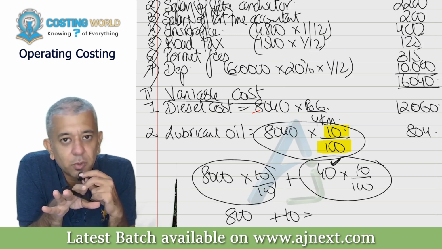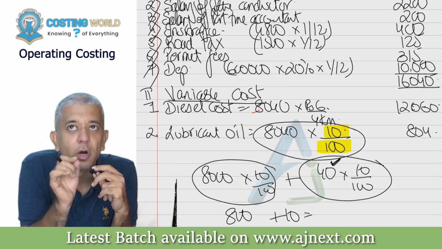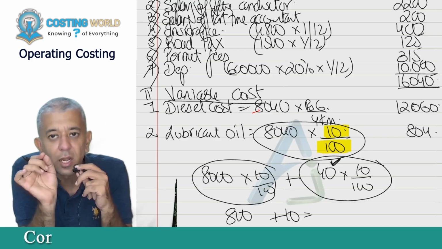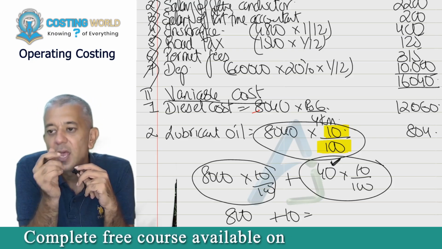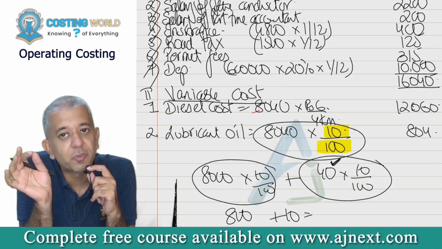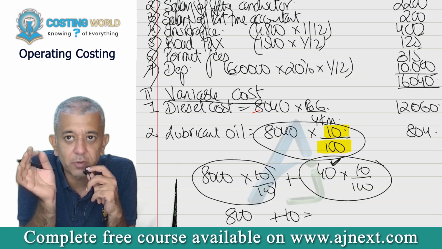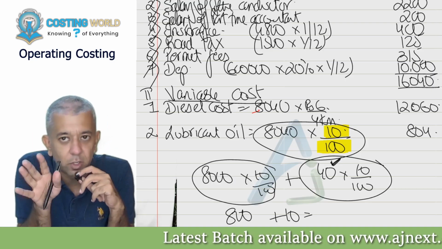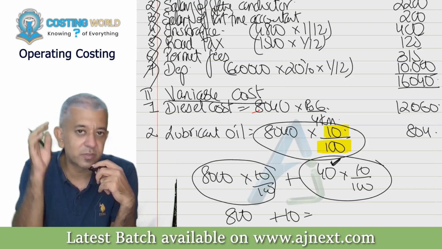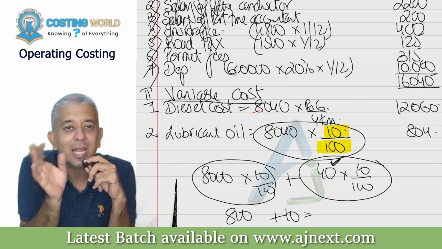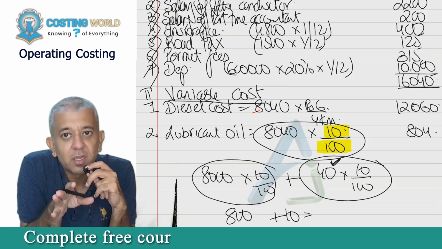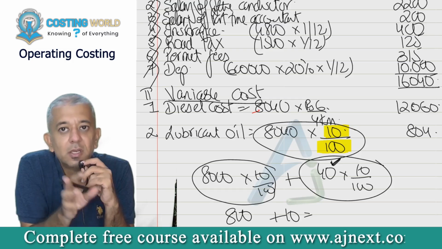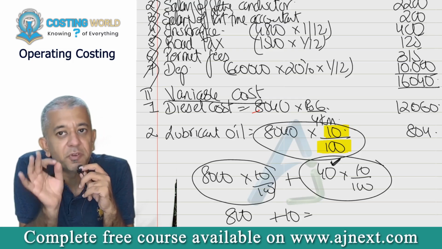If I ever tell you that the rate of diesel is rupees 100 per liter, and your car gives an average of 20 kilometers per liter, okay, diesel cost how much? Tell me one thing, if you only travel for 10 kilometers, your diesel cost will be rupees 50 or rupees 100?